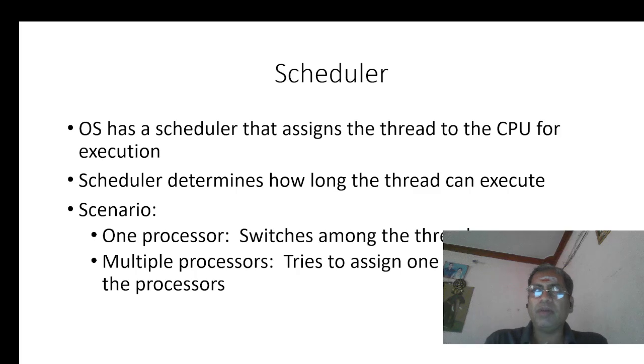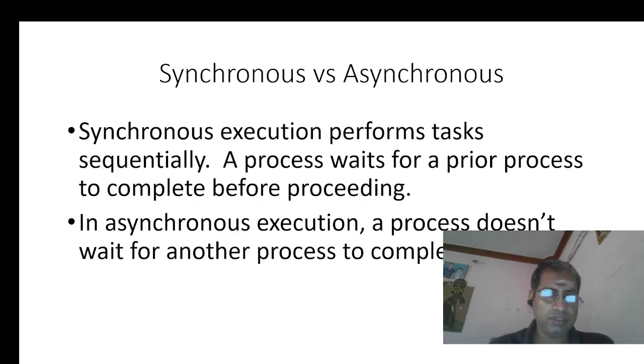The scheduler determines how long the thread can execute. So in a scenario with a single processor, the time switches among the threads. If there are multiple processors, the scheduler tries to assign one thread to each of the processors.